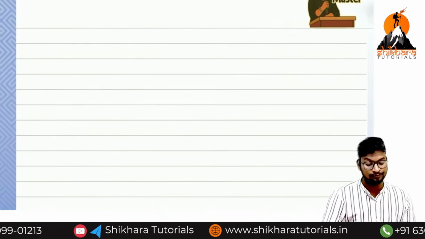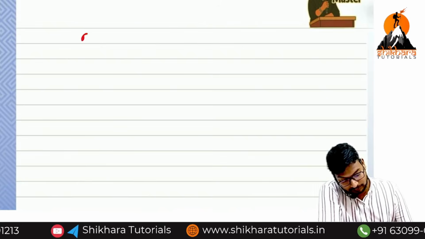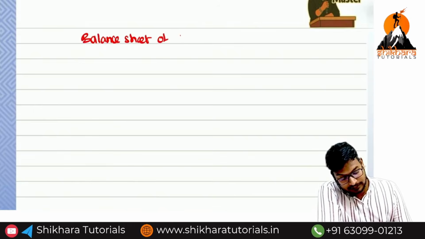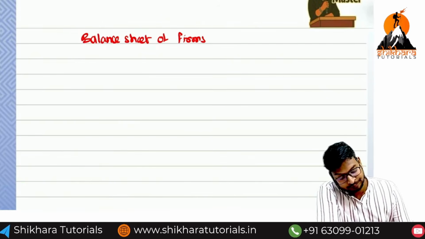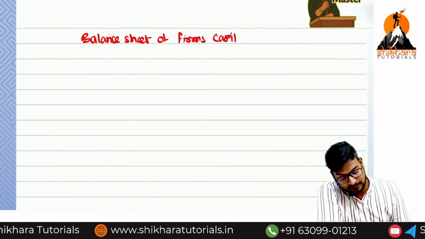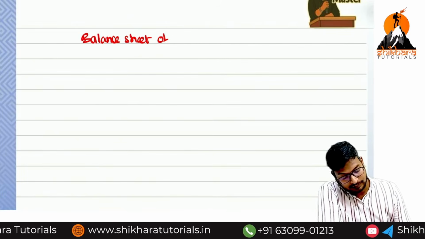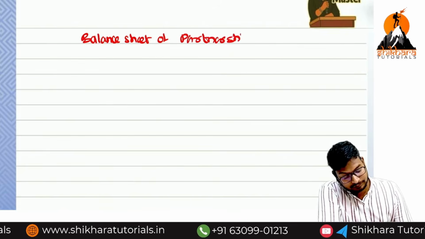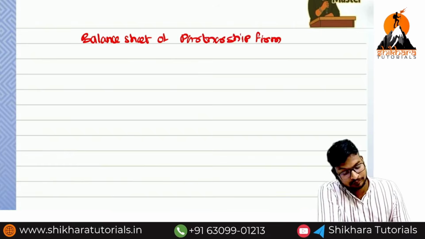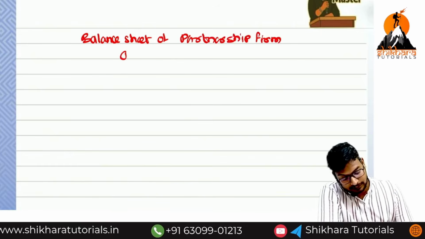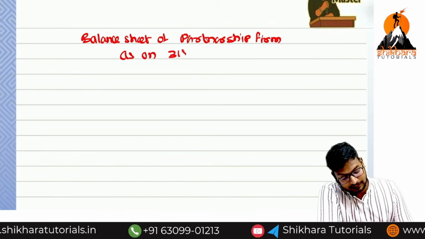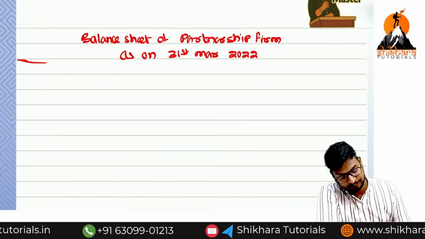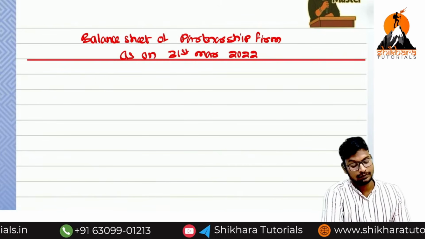Balance sheet. Balance sheet of the partnership firm. So as on, what is the date of retirement, amma? 31st March 2022. 2 or 3?